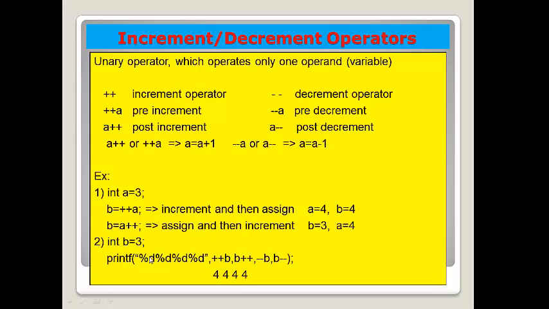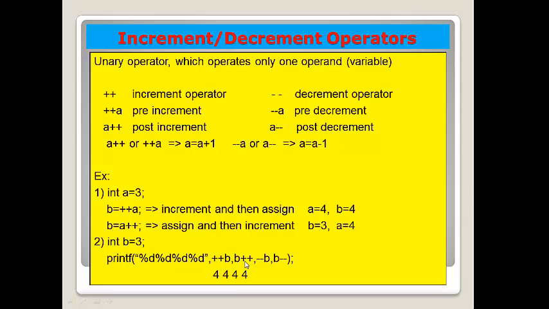First increment, then print. The b value is 3, add 1, and now the new value is 4. The 4 is printed, that is increment, then print. So display 4.